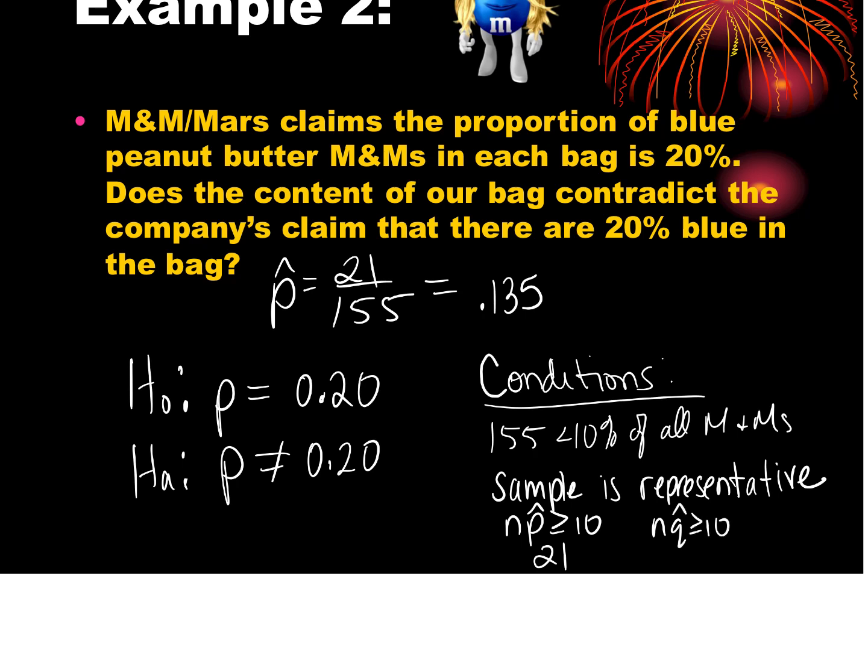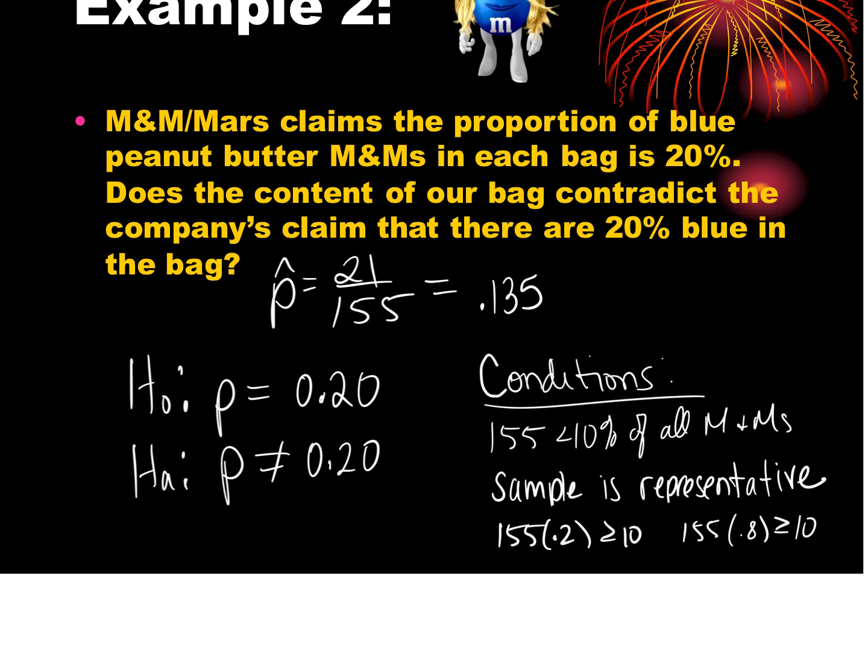Actually, you know what? That is wrong. That is wrong, because we are assuming that their hypothesis is true. We have to check 155 times 0.2, and 155 times 0.8.